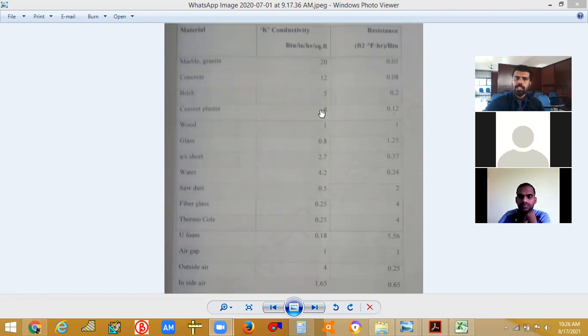You can give your answer in the chat box. 24.5. Is it the U value or R value? $24.5 is wrong.